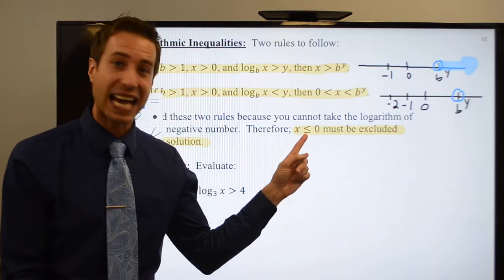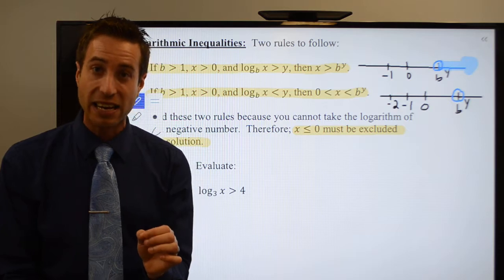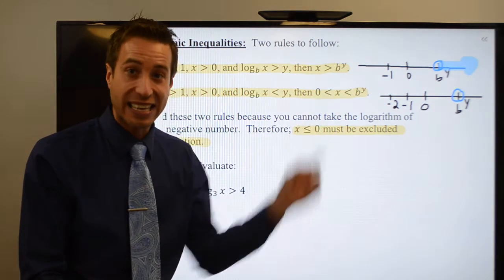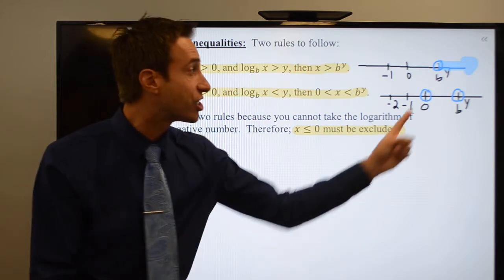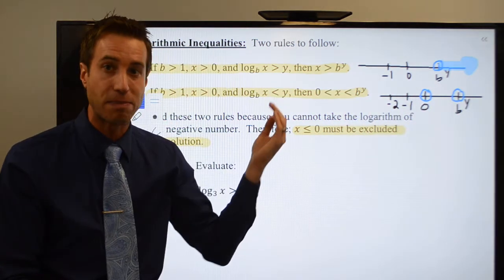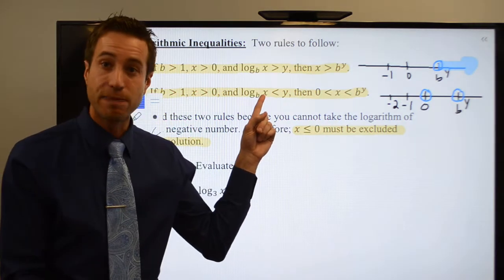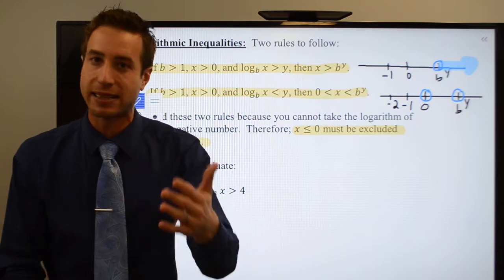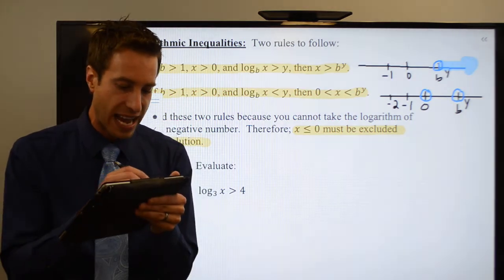However, I cannot take the logarithm of 0 or a negative number, and so I have to remember to add this extra little bit, which says I've got to stop right here. I can't take everything less than b to the y because then I would get values of x that give me a negative number in here, and your calculator will absolutely lose its mind. At this point you should know you can't take the log of 0 or a negative number.